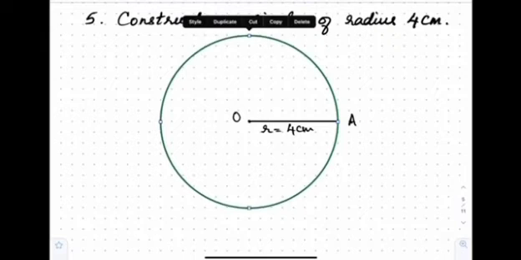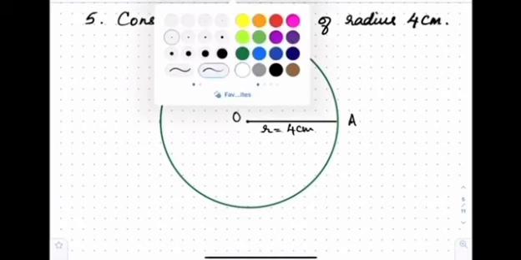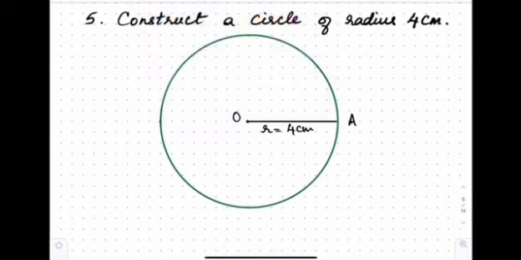Okay, this is a circle with radius 4 centimeters. As I said, you can draw any line anywhere and check for the radius to be of the same length. We will just check if the radius is the same now.